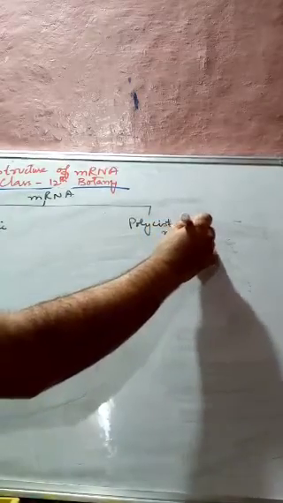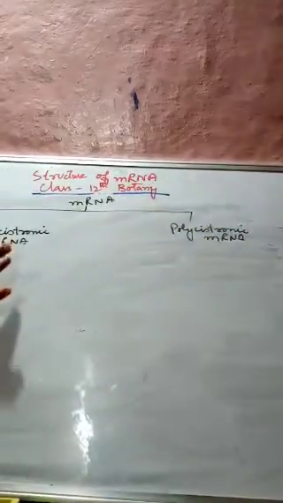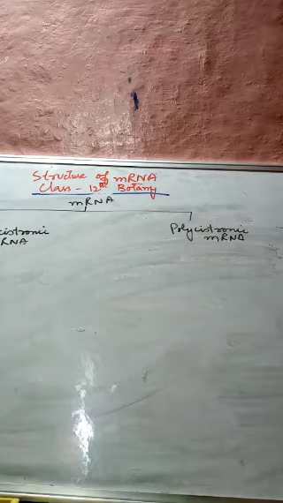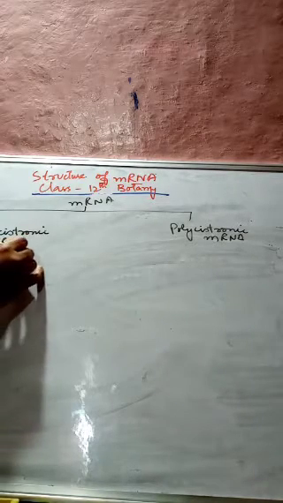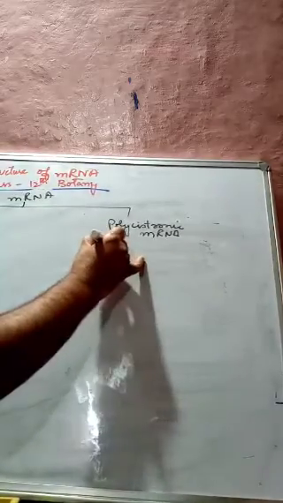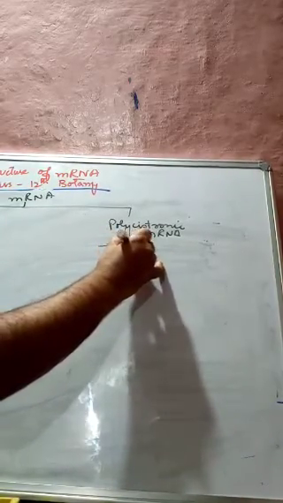mRNA. As the name indicates, monocistronic mRNA is mainly found in eukaryotes, and polycistronic mRNA is mainly found in prokaryotes.